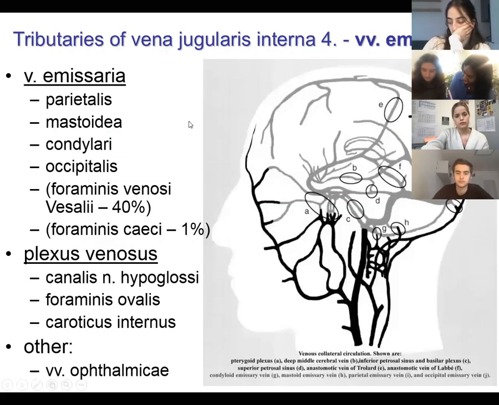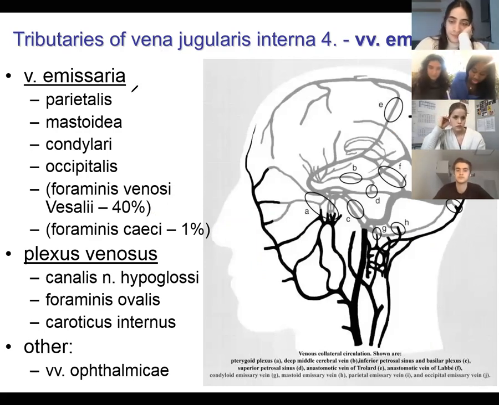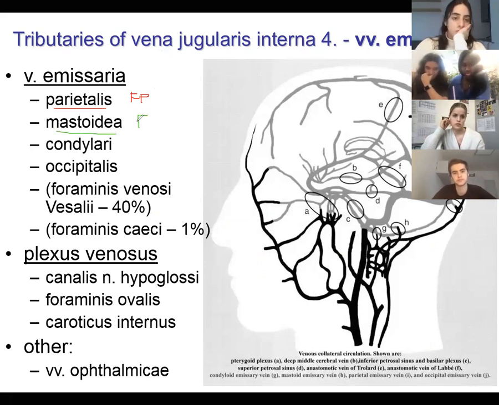And now the emissary veins. Long list, but all of them you know. From the skull: parietal, we find in foramen parietale. So it's this one. Mastoid, we find in foramen mastoideum.